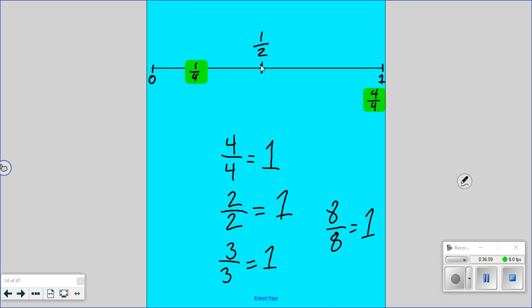Hey, Paxton, I'm kind of confused. 1/4 means I have 1 piece, right? And 1/2 means I have 1 piece. Why aren't they at the same spot?